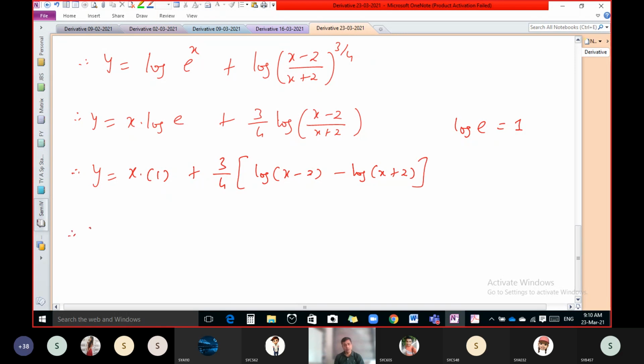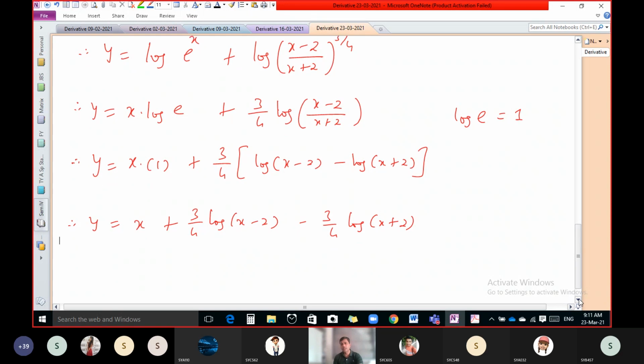One more step of simplification. y = x into 1, that is x, plus 3/4 multiplied to both the terms: 3/4 log(x − 2) minus 3/4 log(x + 2). Now this is the simplified form. Simplification of this is not possible because of this plus sign.